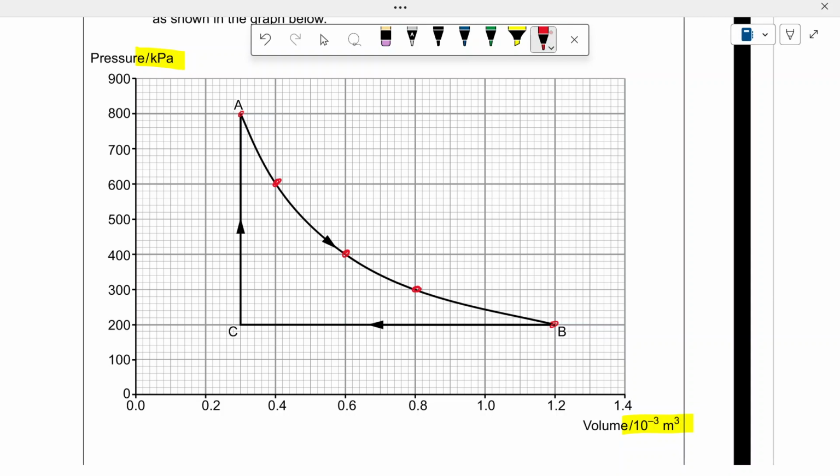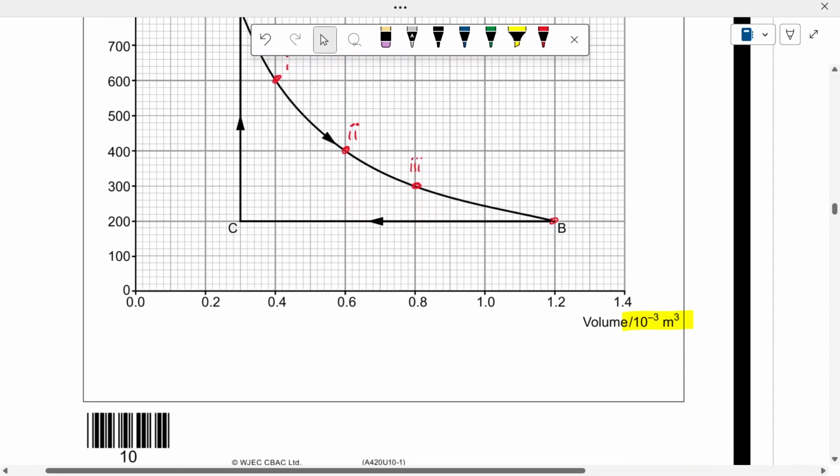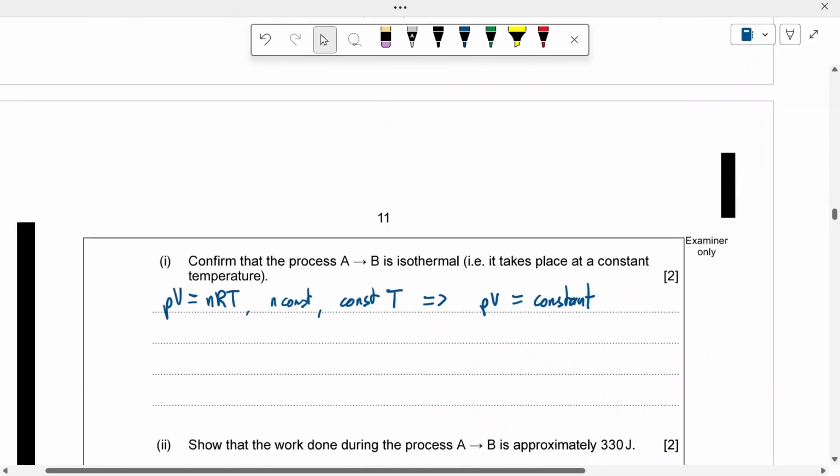I'll call them points 1, 2, and 3. So let's try that then.